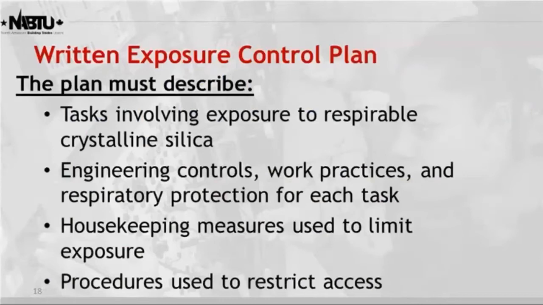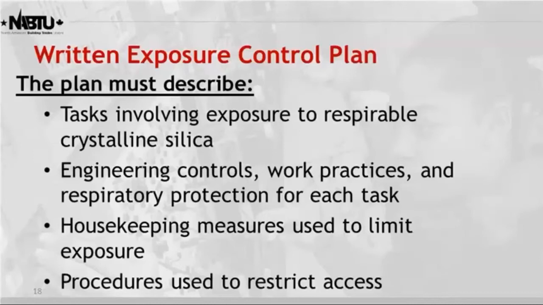So if I was an employer and I had workers that are going to use a hammer drill and a chipping gun or some walk-behind saws, I would have to describe each and every one of those tasks, and include what I am going to do to prevent that silica exposure.